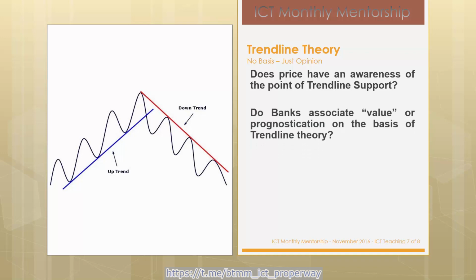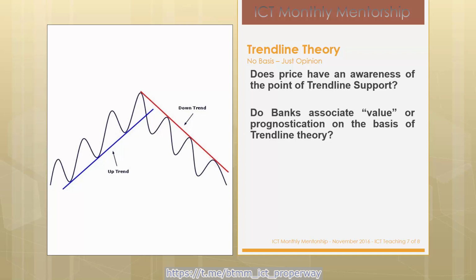Do banks associate value or prognostication on the basis of trendline theory? I'll submit to you, no, they do not. Now, for some that are in the financial industry, maybe you're working at a bank, maybe you have used them in the past and you've had success. I'm telling you, the banks don't place any association or prognostication on valuing a trend line level on a diagonal basis.